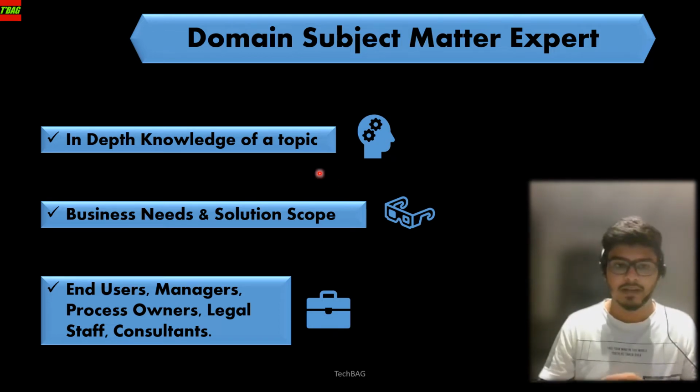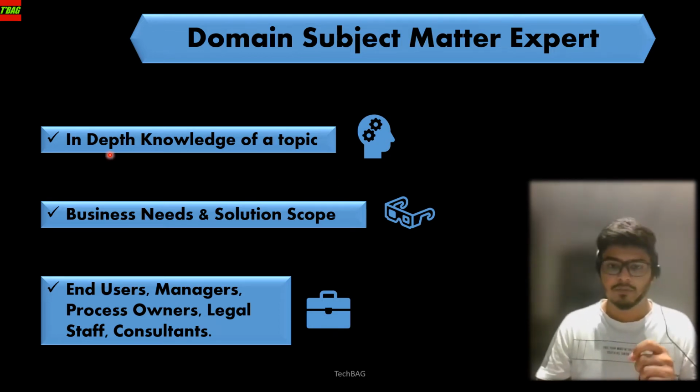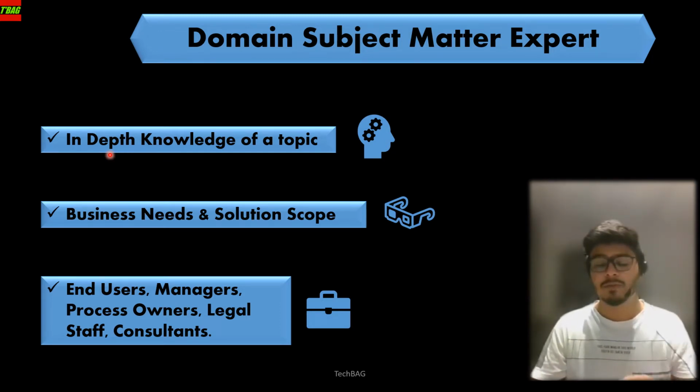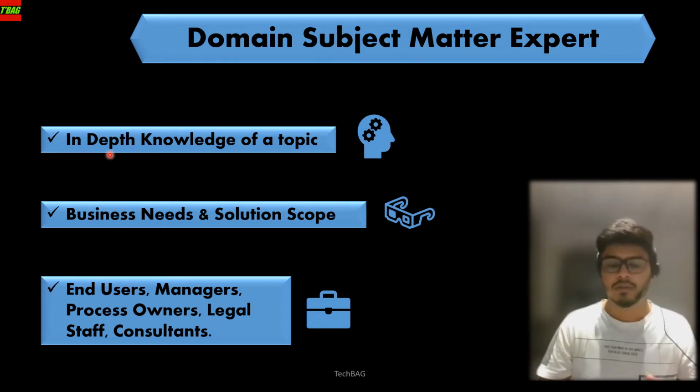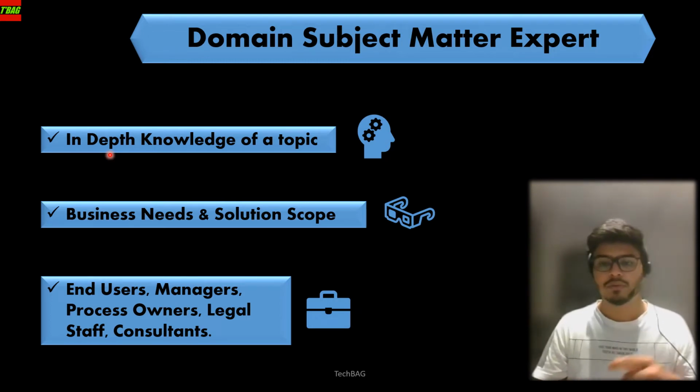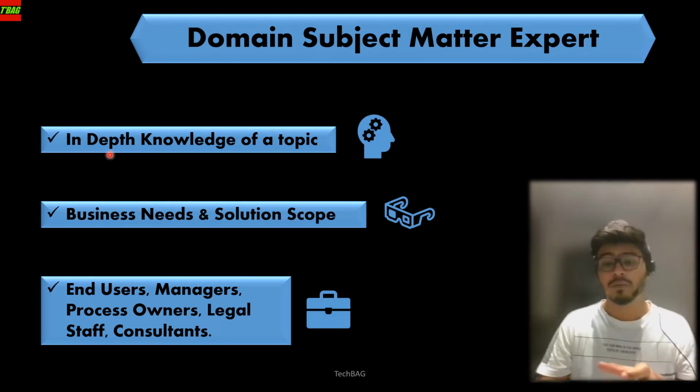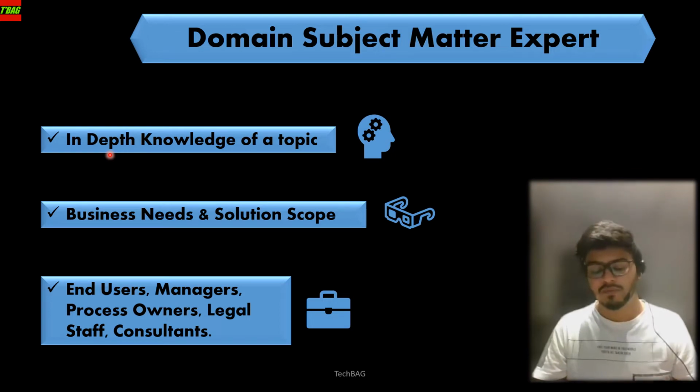So whenever you have in-depth knowledge of a particular subject, you are an SME. You would have that knowledge in order to help someone who is looking for a business need or for solution scope. So a BA would look for SMEs to define a solution and to understand the process.